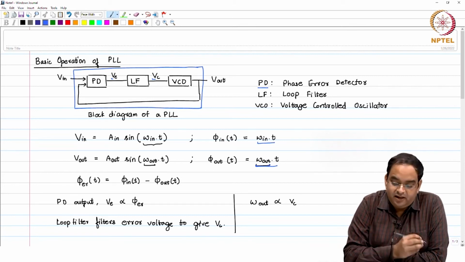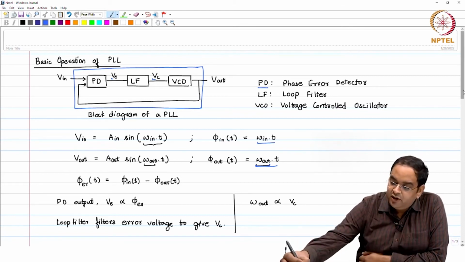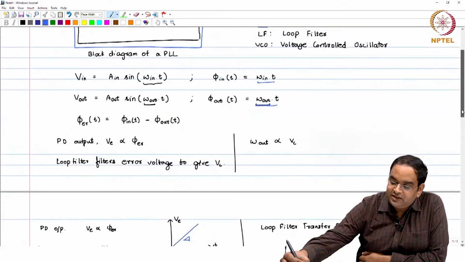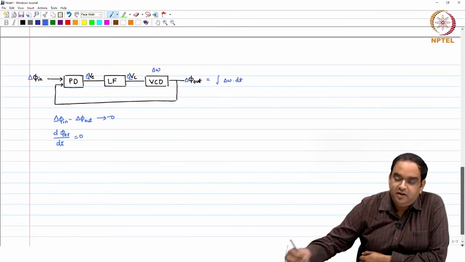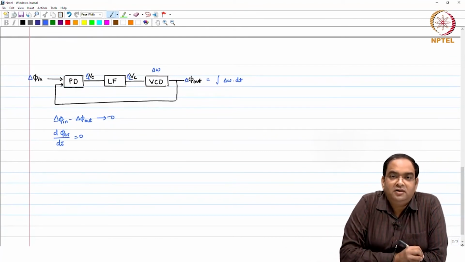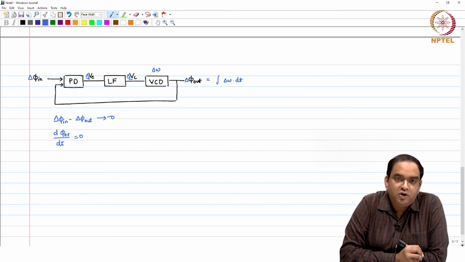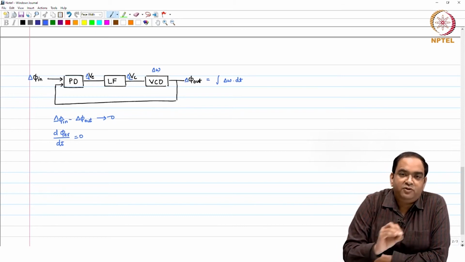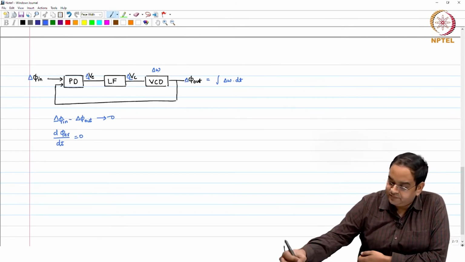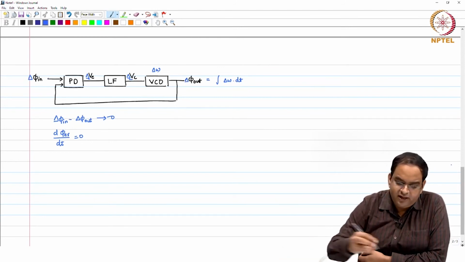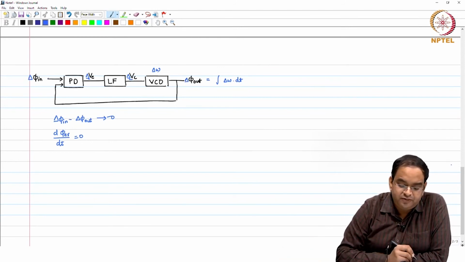It is not easy to extract the phase or frequency of a signal using the circuit elements we know, so we have to design in such a way that they operate on phase and frequency.